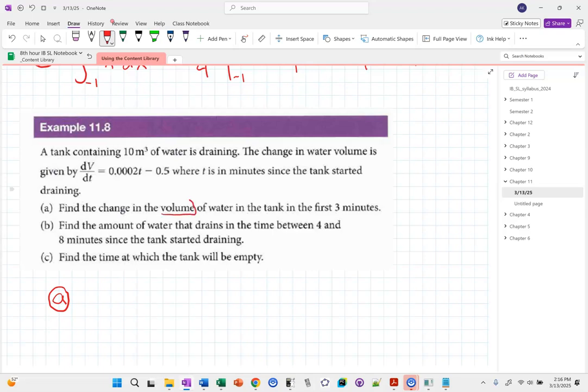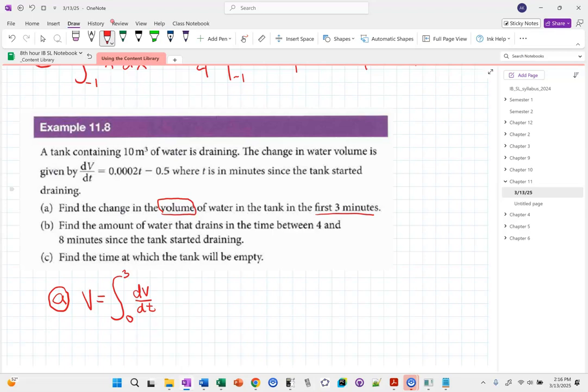So it's asking for something as volume. To find that volume, we're going to do the integral of the rate from what to what? 0 to 3 is correct because it's the first 3 minutes.